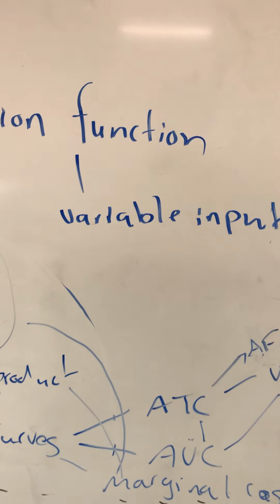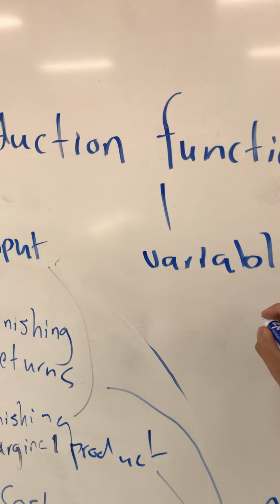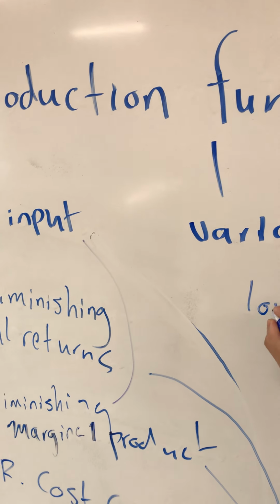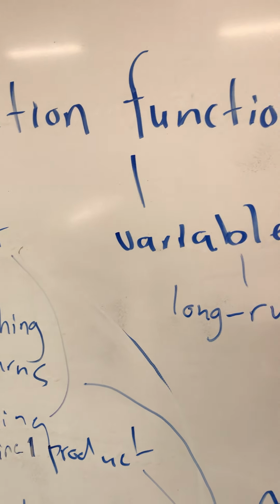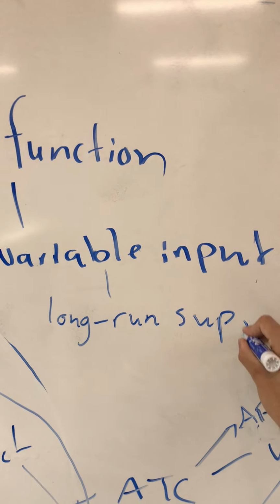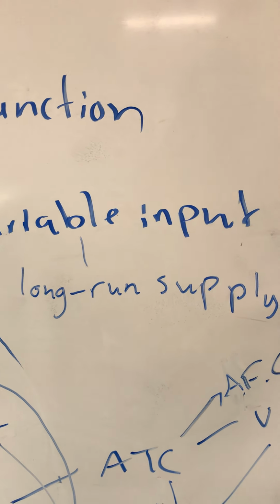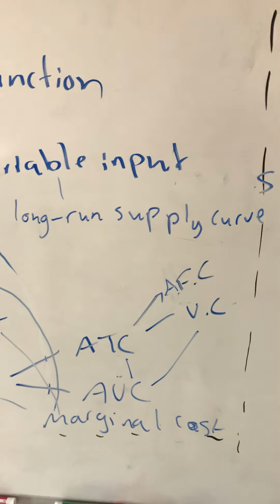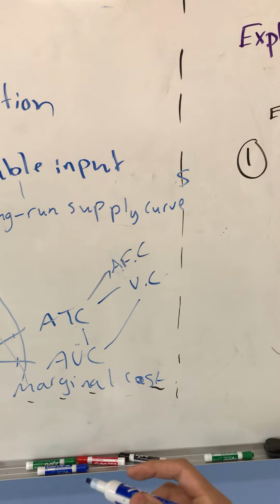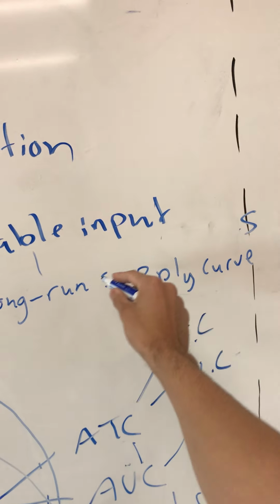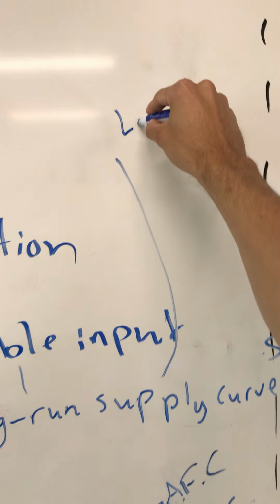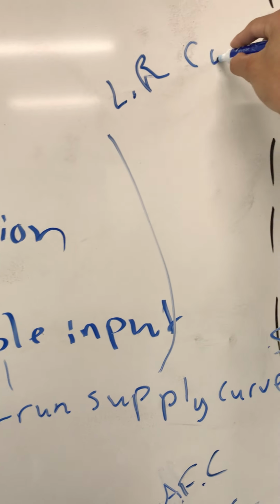If we have just variable inputs in a production function, then we can end up with a long-run supply curve. Sorry, for some reason my phone's really zoomed in. And then the long-run cost curves that we would expect. I'll draw it up here, right? This is kind of getting messy.